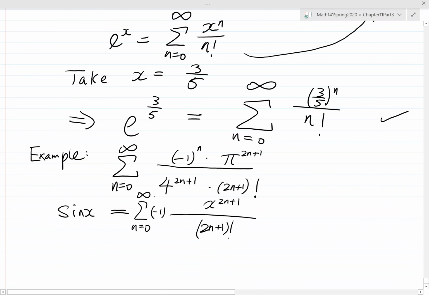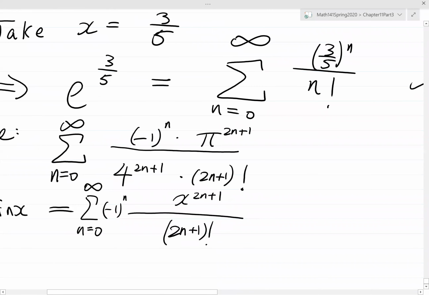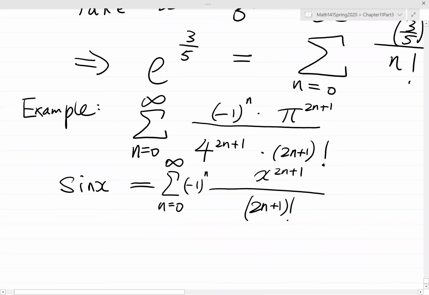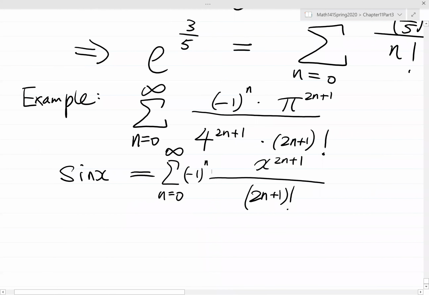Then what do we do if you compare, you have 2n plus 1 factorial, you have the alternating factor -1 to the power n, and both start from 0 to infinity.